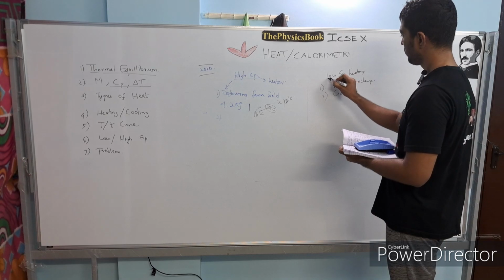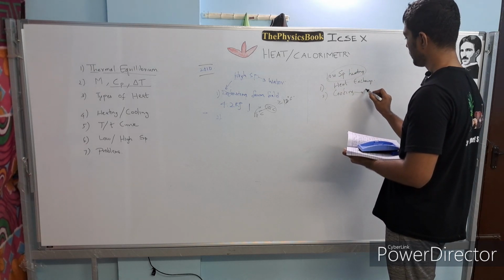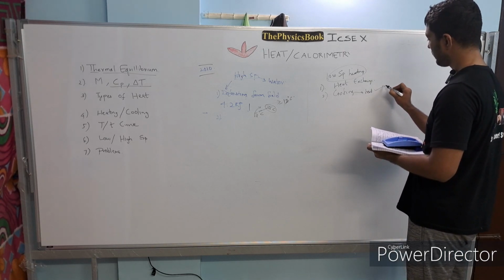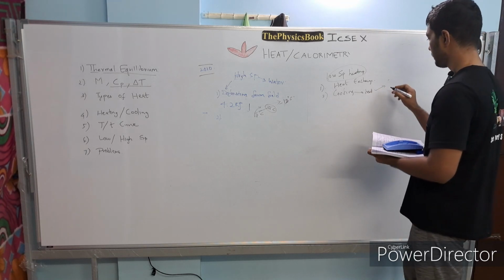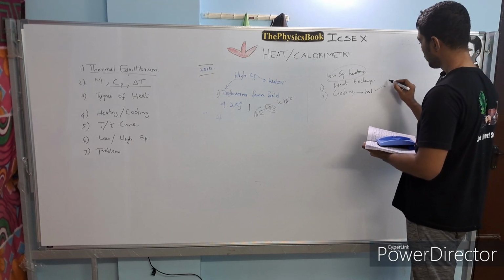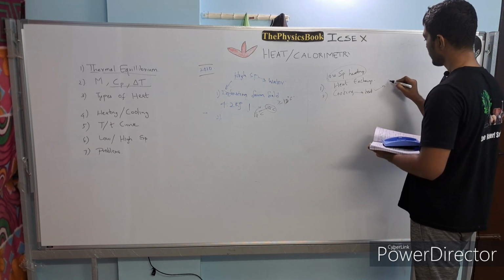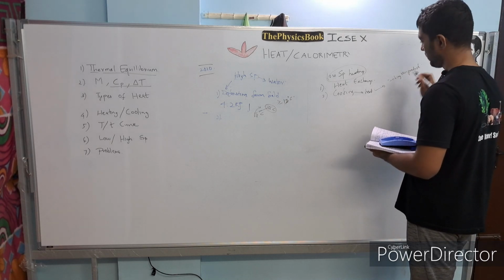Why cooking needs a low specific heat capacity substance is that whatever heat you are giving should be totally available for the cooking process. For example, if you are cooking noodles or rice, the heat that you are giving should be maximally available for cooking the actual product, the rice or chapati, whatever.